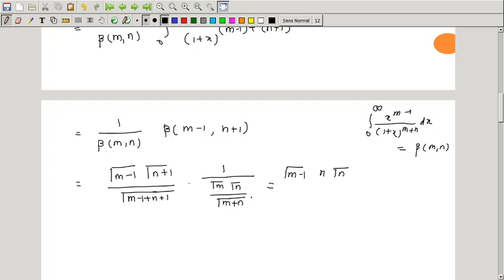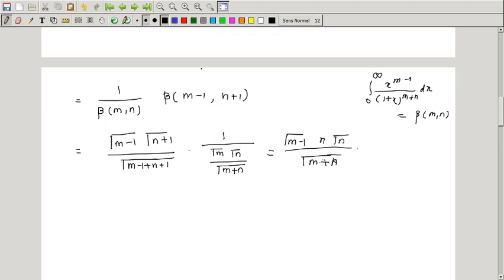Then the denominator is gamma(m+n), and this is gamma(m+n) upon gamma(m) into gamma(n).